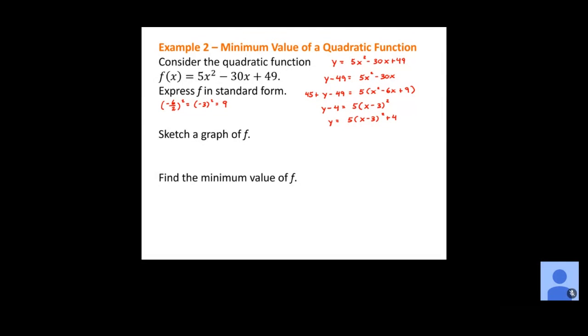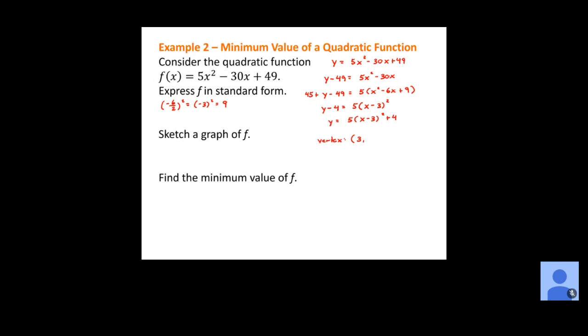Right, now, in terms of sketching the graph, you could put this in Desmos. We could look at the graph. I want to find that minimum value of f, though. So to find the minimum value, the first thing we have to think about is where is the vertex? Okay, so in this case, the vertex. Remember, we're going to take the h value, which is the opposite of whatever's in the parentheses here. So that's going to become a positive 3.